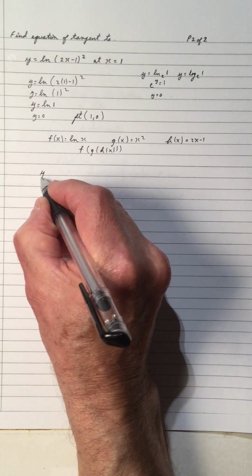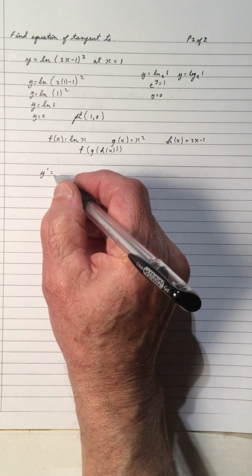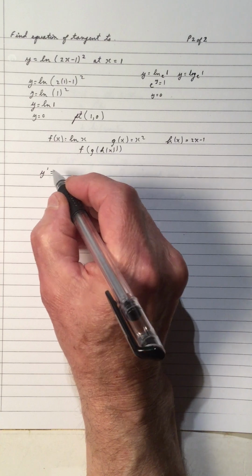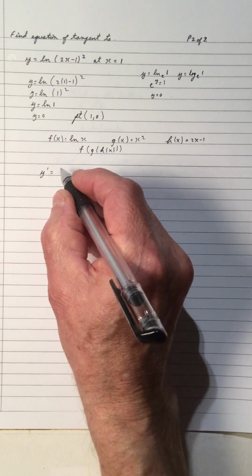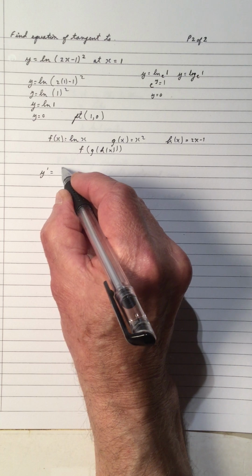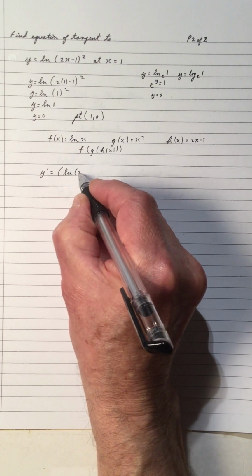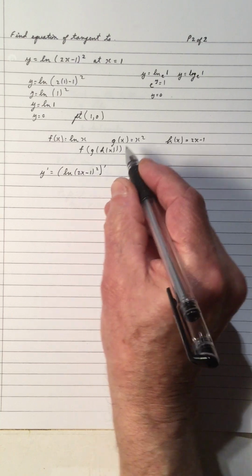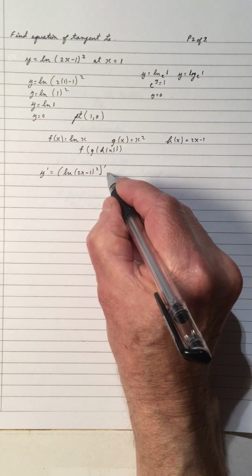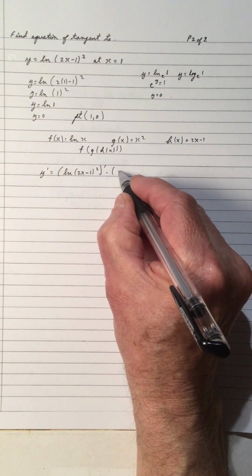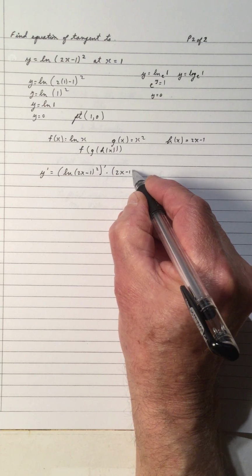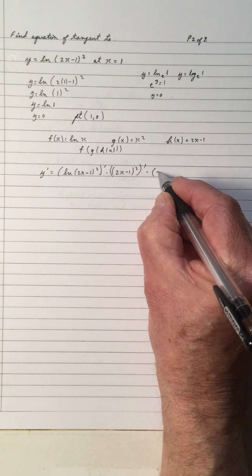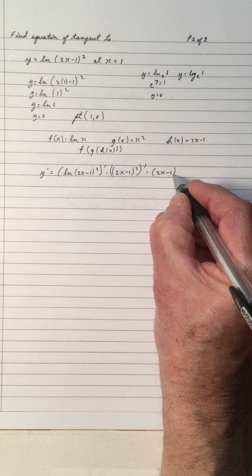That means your derivative is going to be made up of 3 parts. So y prime, your derivative, is the slope of your tangent when you work it out at any point. So the derivative becomes the derivative of the ln of (2x minus 1) squared, the outside one, times the derivative of (2x minus 1) squared, times the derivative of the inside, 2x minus 1.